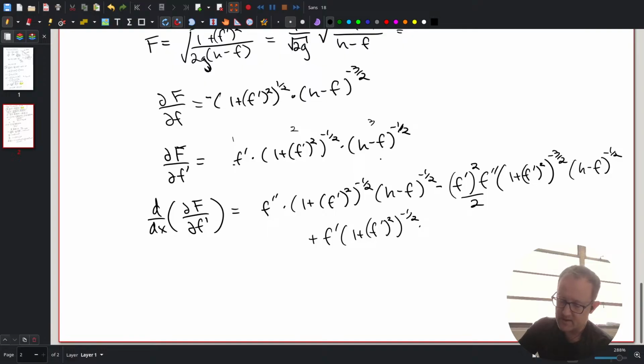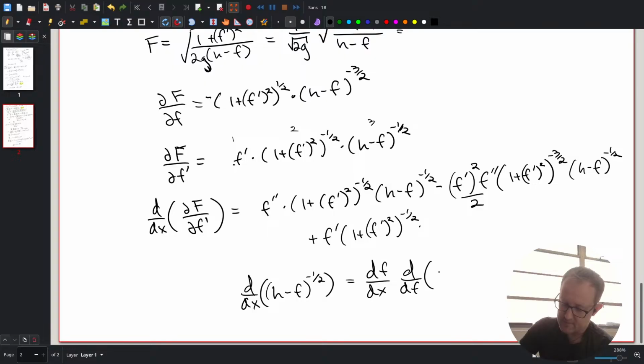The d/dx of h minus f to the negative 1/2 is df/dx times d/df of h minus f to the negative 1/2.